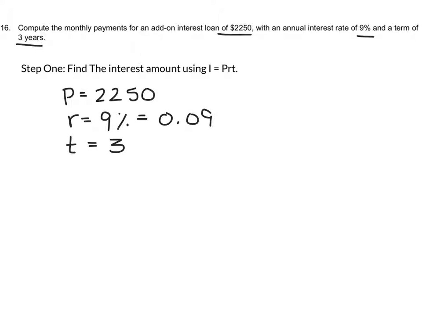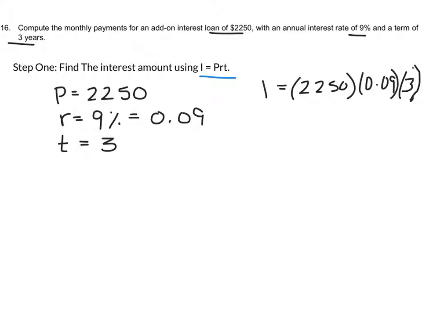Now I'm going to substitute these values into the simple interest formula, I equals PRT. When I do that, I get I equals 2,250 times 0.09 times 3. 2,250 times 0.09 is 202.5.